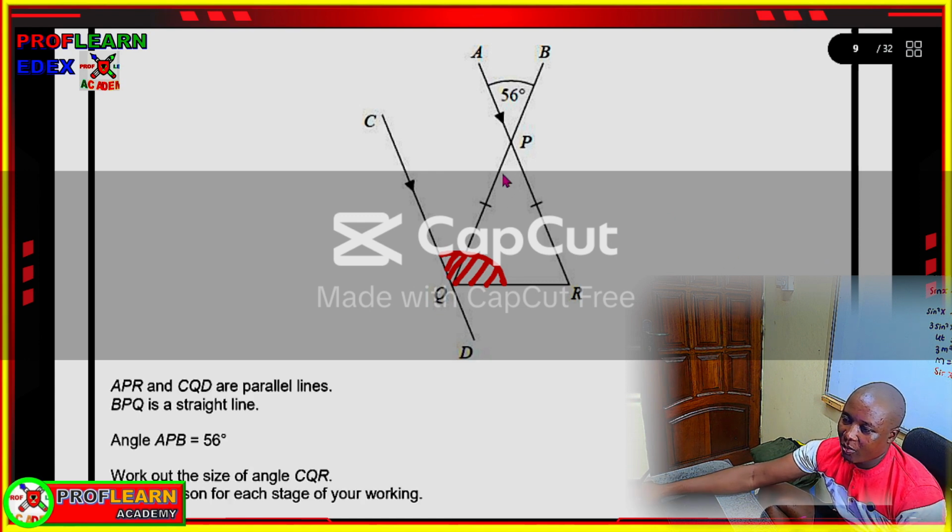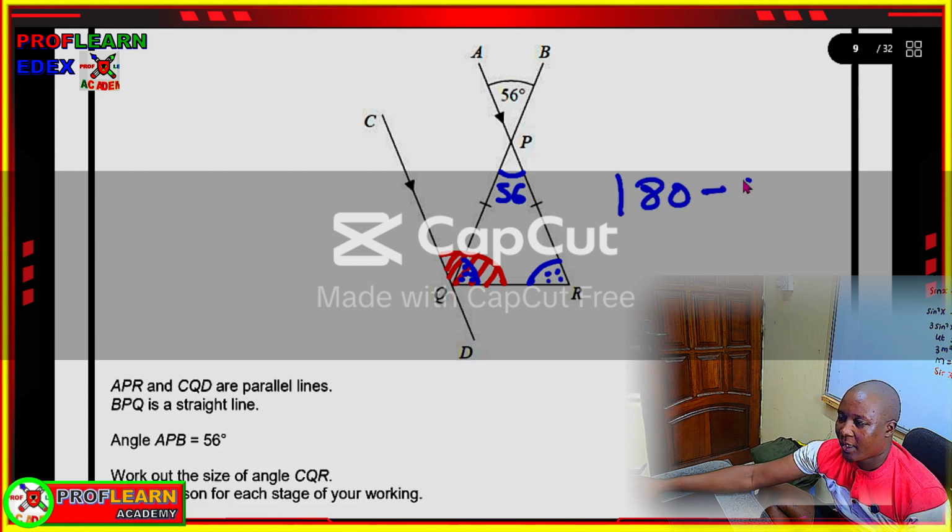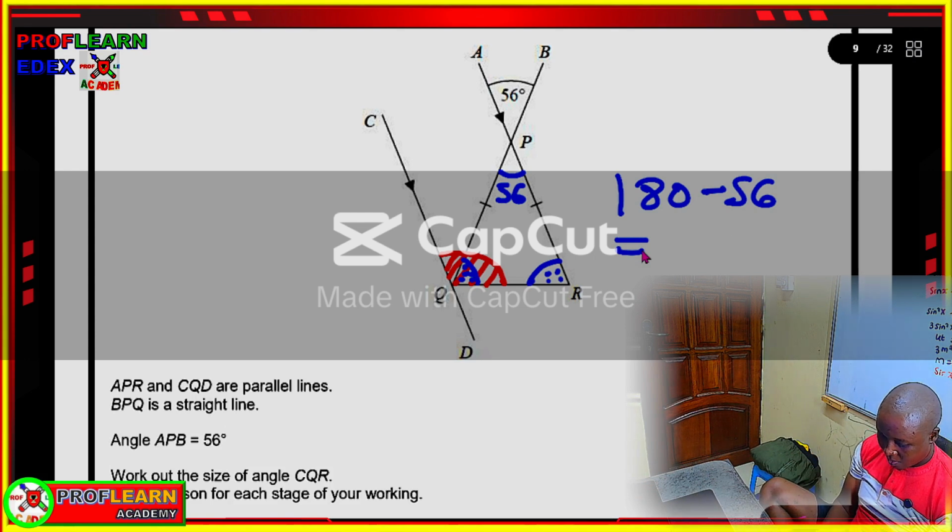So to begin with, I know you've started working it out, which I'll have 56 here. So if this is 56, then for us to get these base angles here, we shall say 180 minus 56. What are we going to get? 180 minus 56 is going to give us 124.